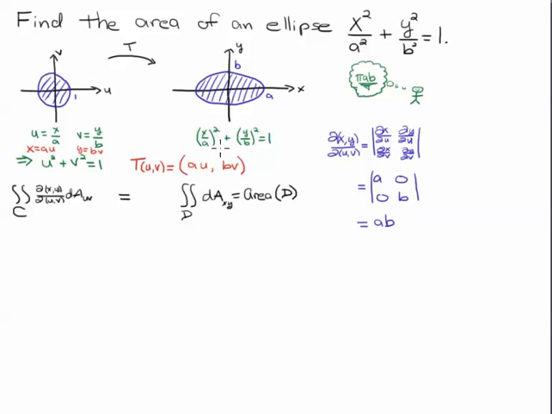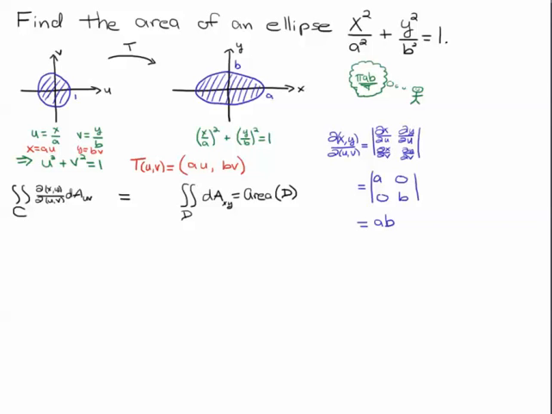So the derivative of x with respect to u is just simply the derivative of this coordinate, and that's just a. The derivative of y with respect to u, that's the derivative of bv with respect to u, but there's no u term, so this is a constant, so we get a 0. And then similarly, dx dv would be 0, and dy dv would be b. So when we take this determinant, we get a multiplied by b.